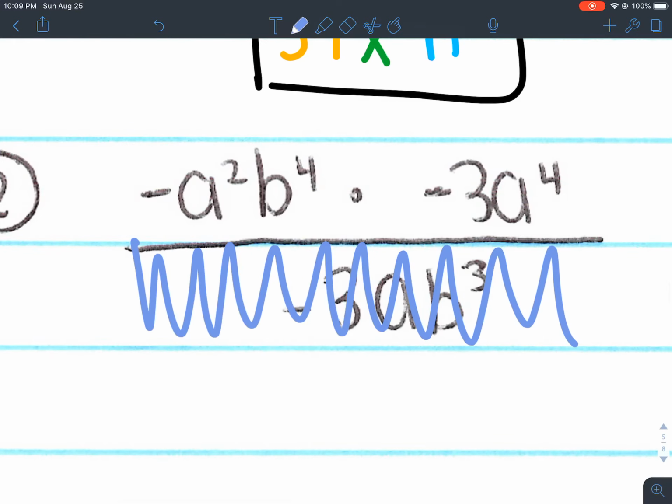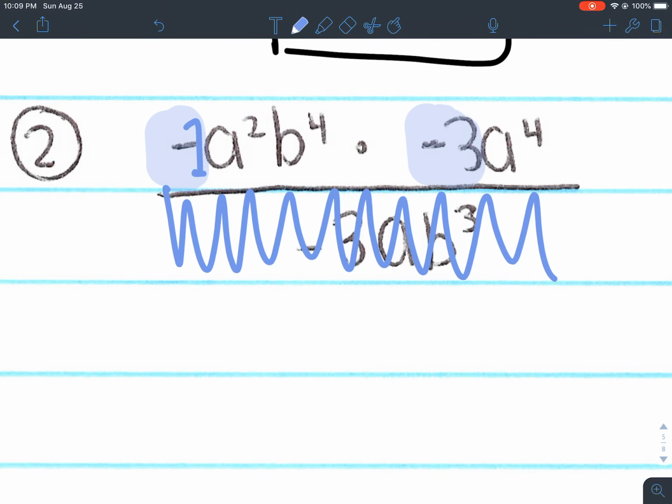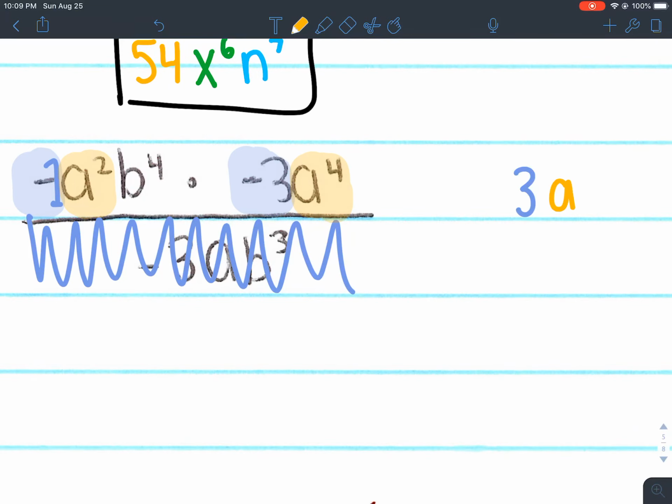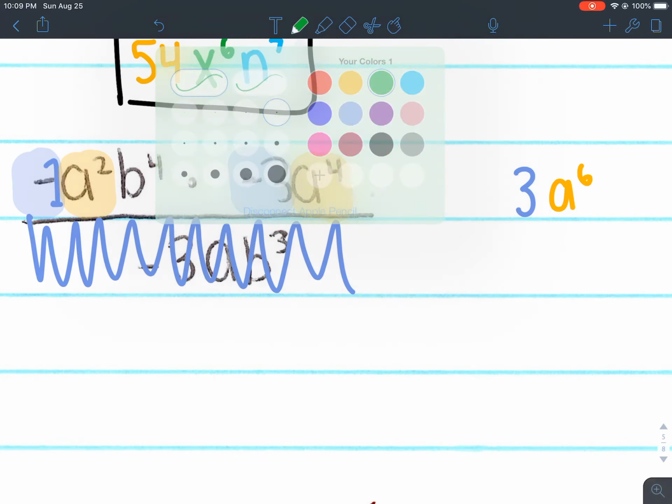Well, I notice that there's a -1 here, technically, right? And then a -3 on the other side. So those are like bases that I could multiply together, and that gives me +3. Okay. And then I have a squared and a to the 4th. That's going to be a to the 6th because I can multiply those together.